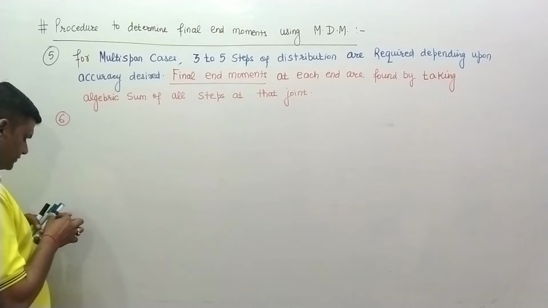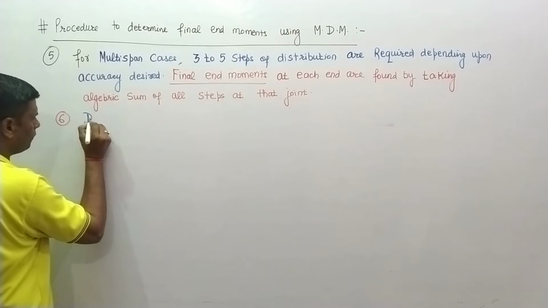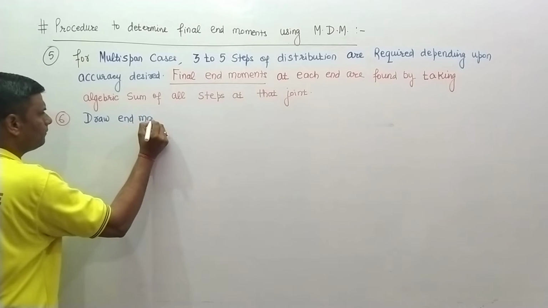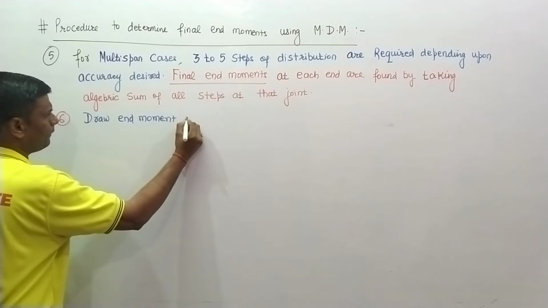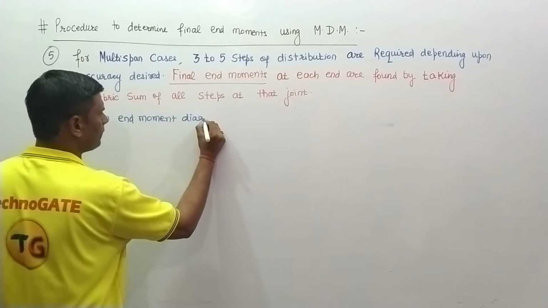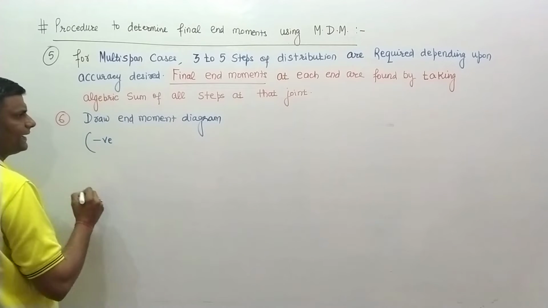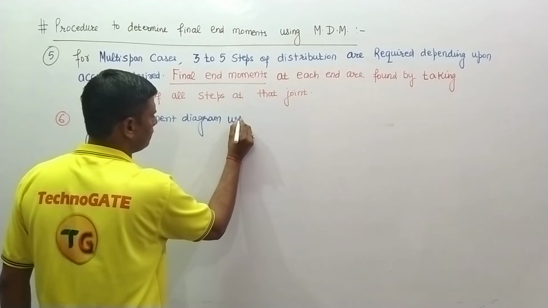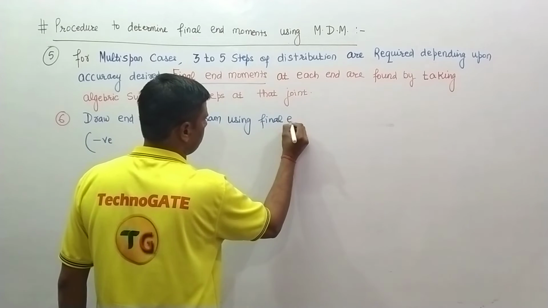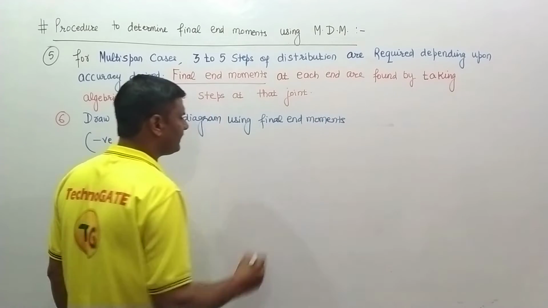So step number 6 is to draw the end moment diagram using the final end moments.